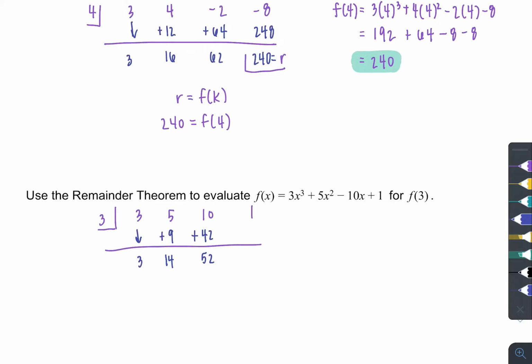Multiply by 3... I messed up somewhere. Oh, this should be a -10. So this is actually 32. Times 3 is 96. Add, and we get 97. Okay, so f of 3, because our 3 is here, is equal to 97.